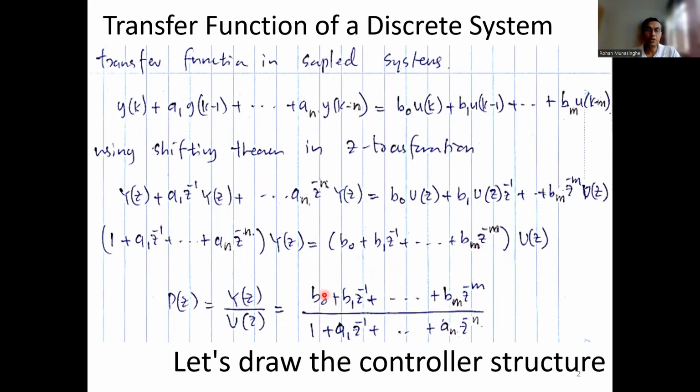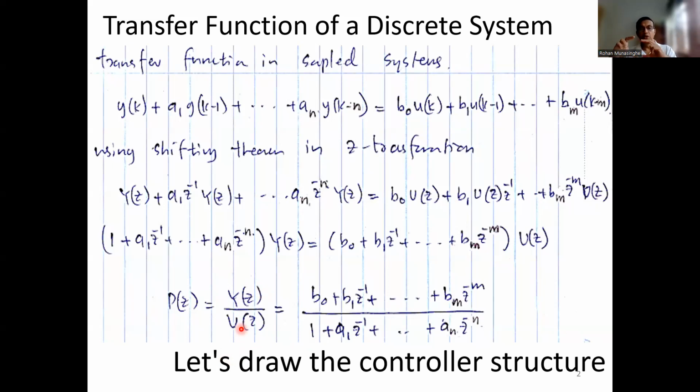Now, if you regard this as the controller, if this is the controller difference equation, where Y(z) is the control signal and U(z) is the error, let's say, right? This is the block to which error goes in and from which the control signal comes out, and that control signal goes to the plant and excites the plant in a different way, right?